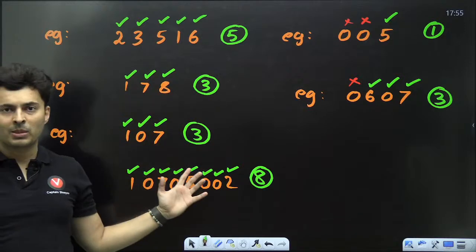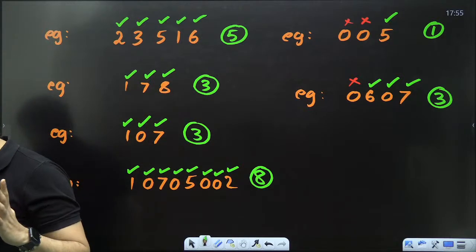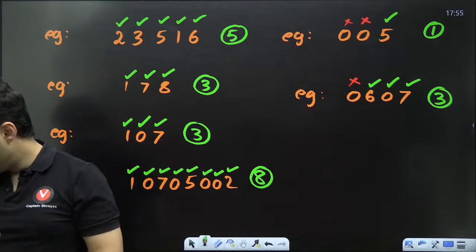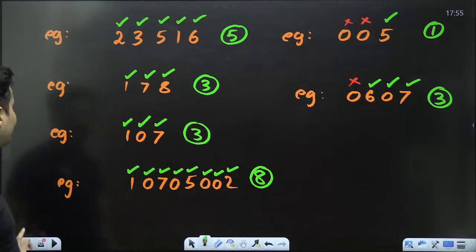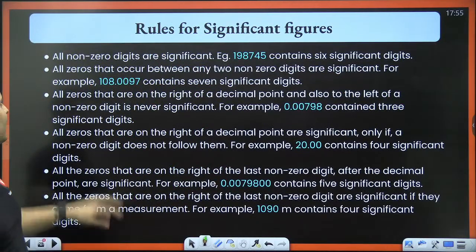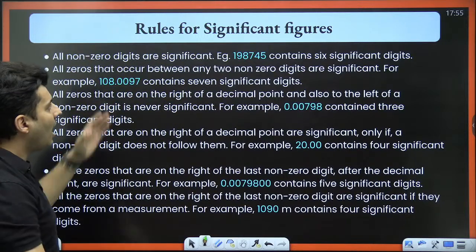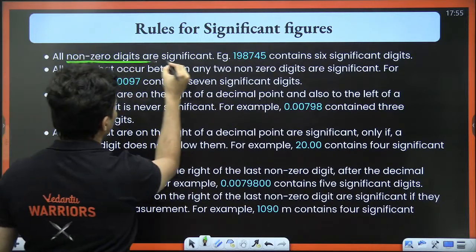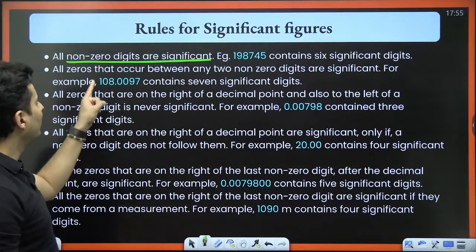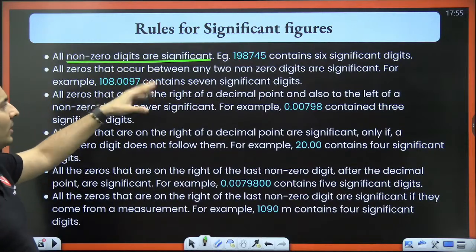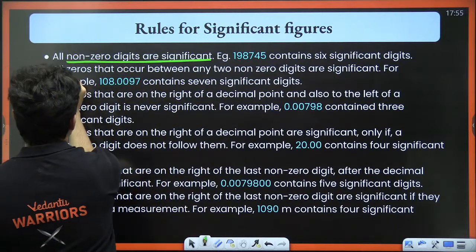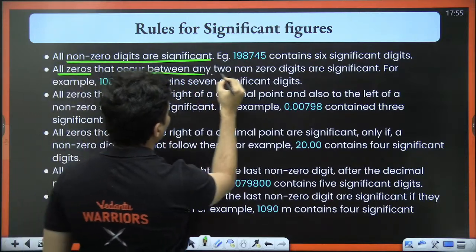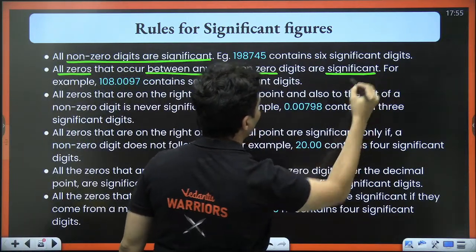Understood, guys? Understood the first 2 rules? Everybody with me? Very nice. So these were the first 2 rules. All the non-zero digits are significant. All the zeros that occur between two non-zero digits are also significant.